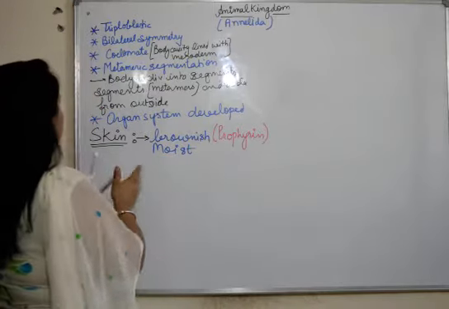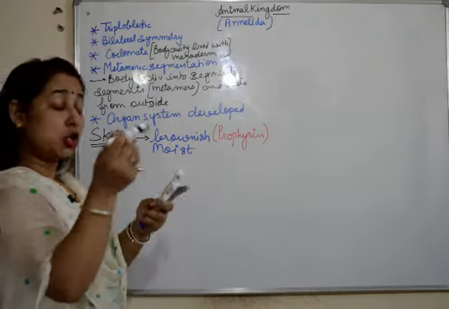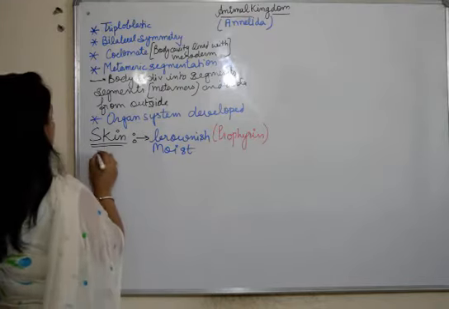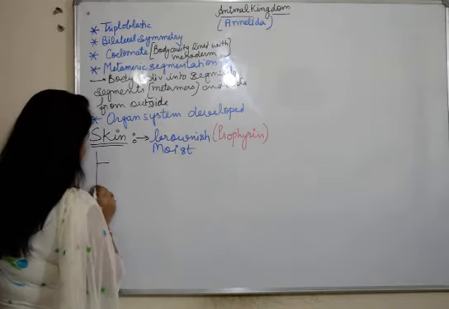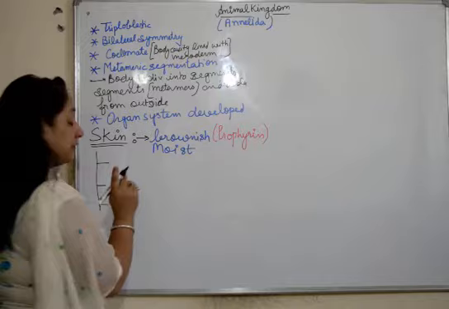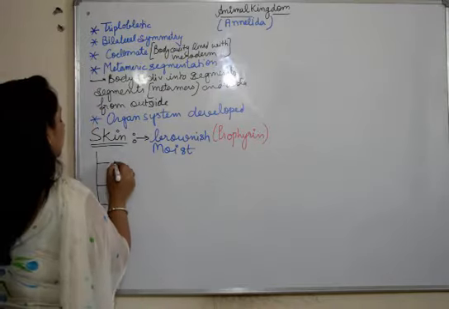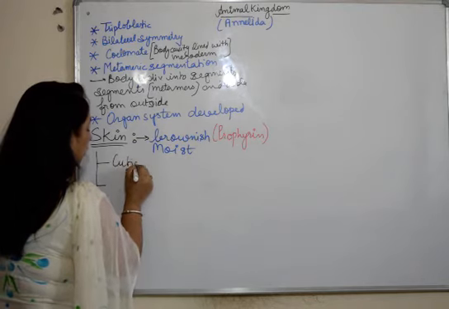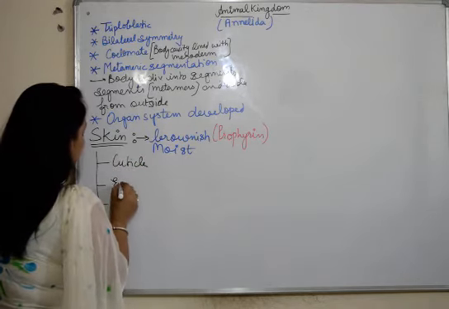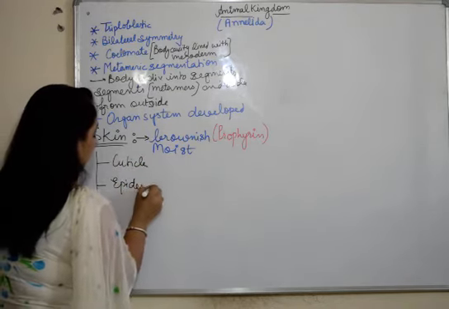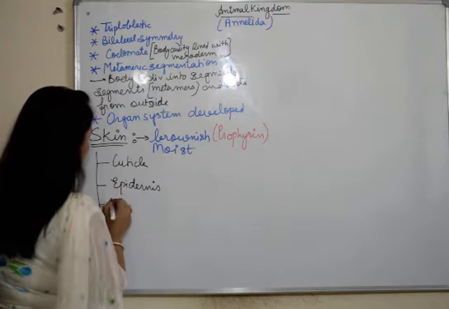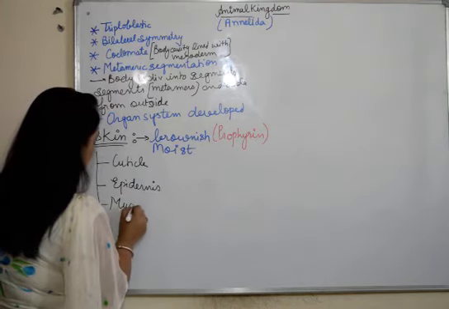Now talking about the next system, we'll talk about the layers of the skin also. So there are 3 layers. As there were 3 layers in roundworms, here also there are similar 3 layers. Cuticle, the outermost, the middle layer is epidermis, and the innermost layer is known as muscular layer.